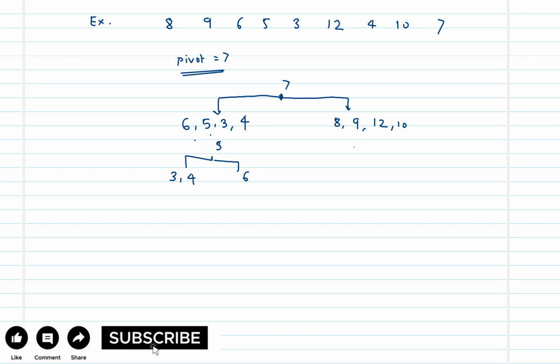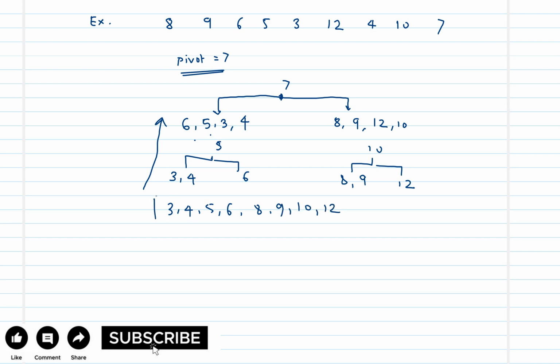Now we'll choose the pivot here as 10. 8 is less than 10, 9 is less than 10, and 12 is greater than 10. Now if you go in reverse, it is already a sorted array: 3, 4, 5, 6, 8, 9, 10 and 12.